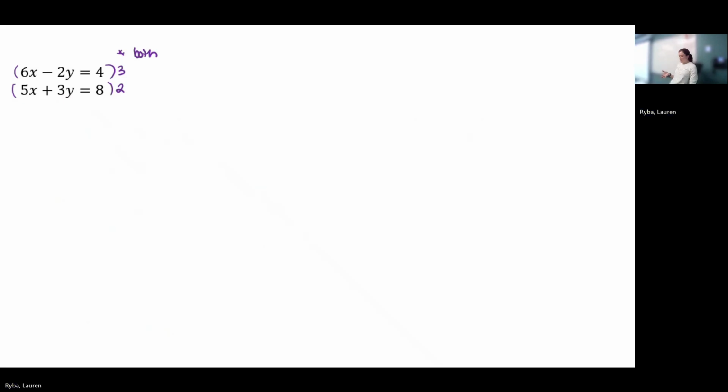If I wanted to cancel out the y's. If you wanted to work with the x's, just a sidebar here, I chose the y's because the signs are already opposite. If I wanted to work with the x's, I would multiply the top one by 5, the bottom one by 6. The problem is at that point, I would have 30 and 30.